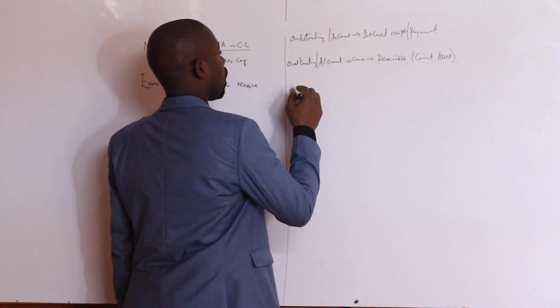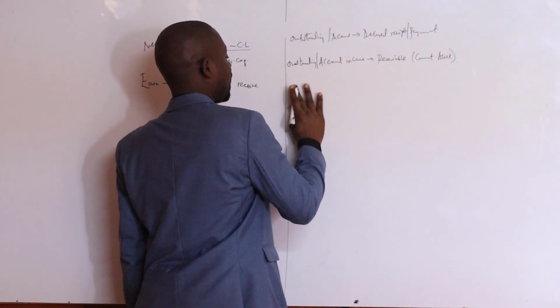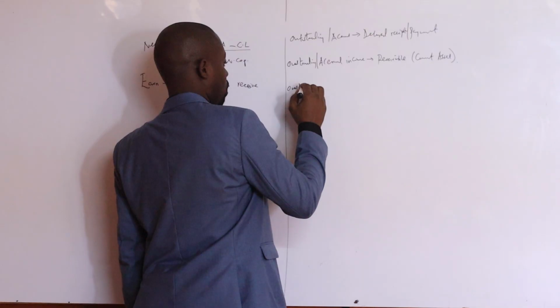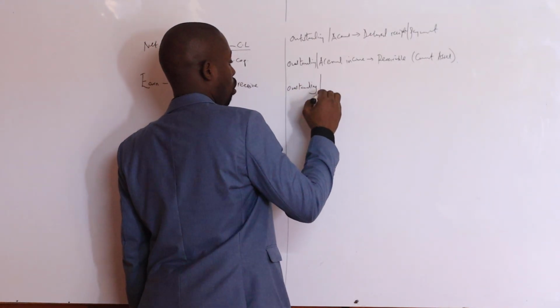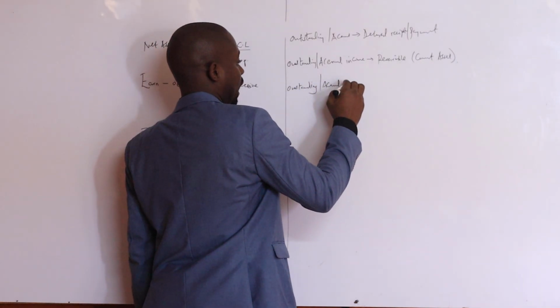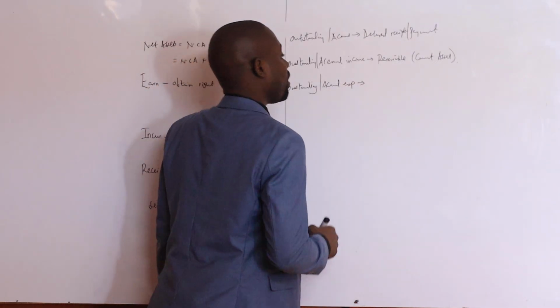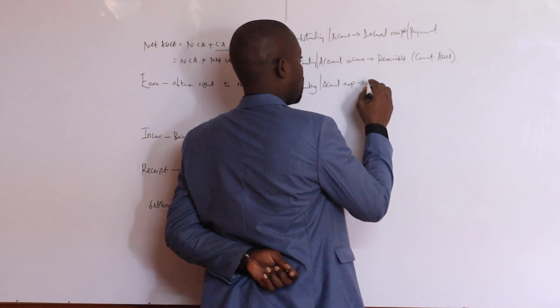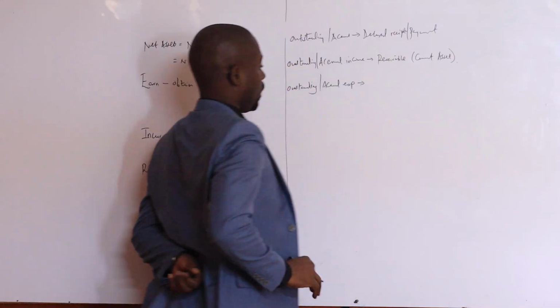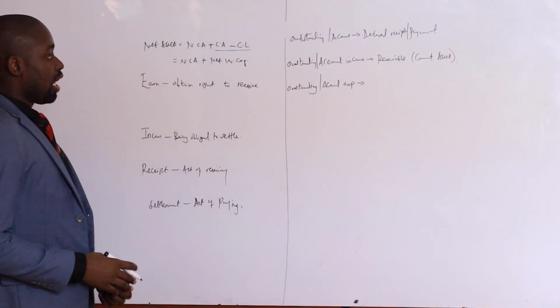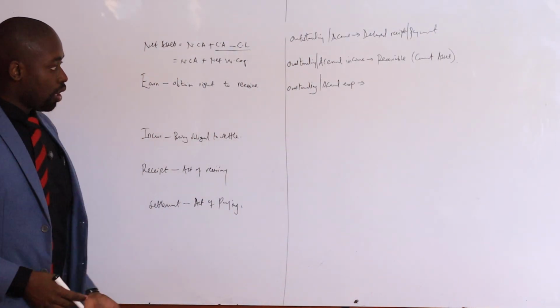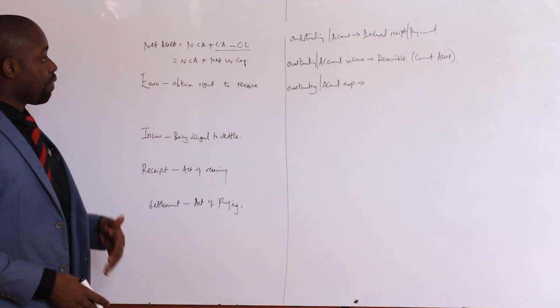And then you have what you call accrued or outstanding expense. What is it? This is an expense that at the end of the period has not been settled. You haven't paid for it.